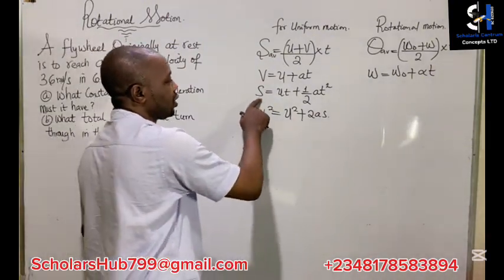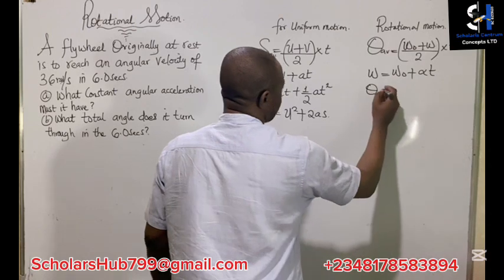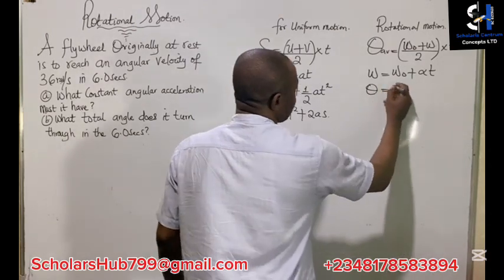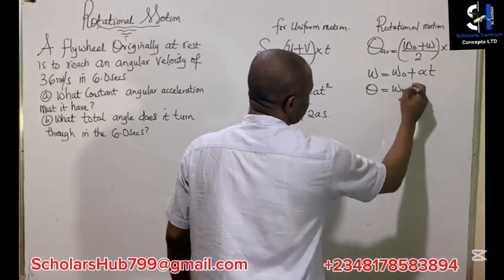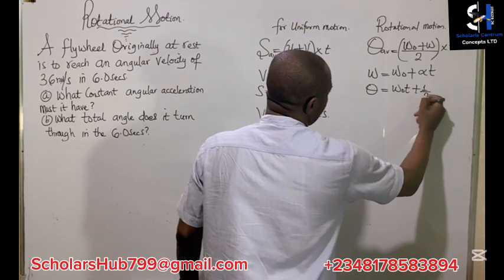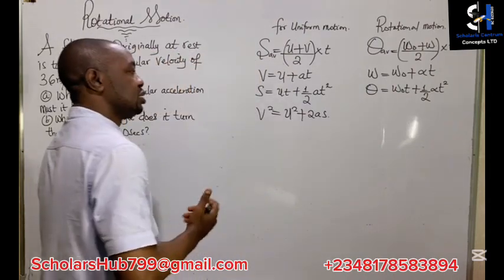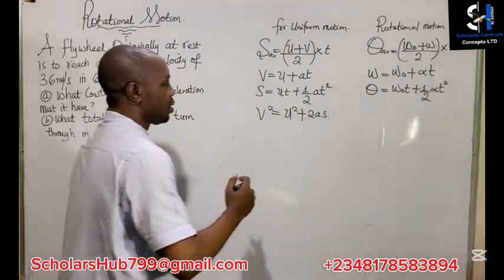Then also we have the distance, so this will be angular displacement. The angular displacement will be the initial angular velocity multiplied by time, plus 1/2 of angular acceleration multiplied by t squared, that's time raised to the power of 2.